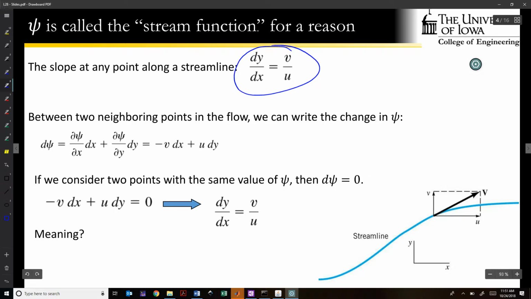Meaning here is a profound one. It means that lines of constant psi are streamlines.